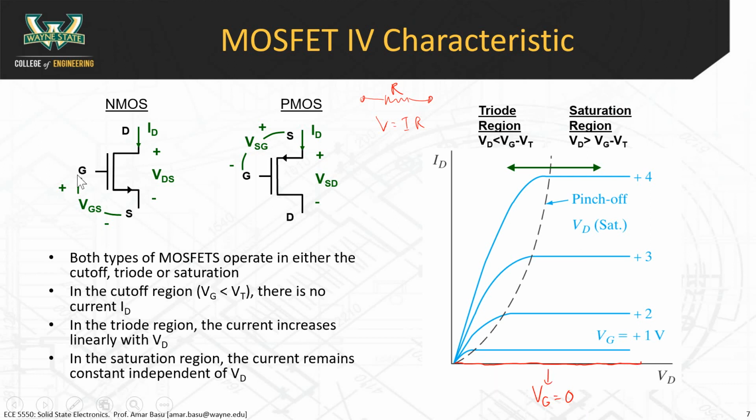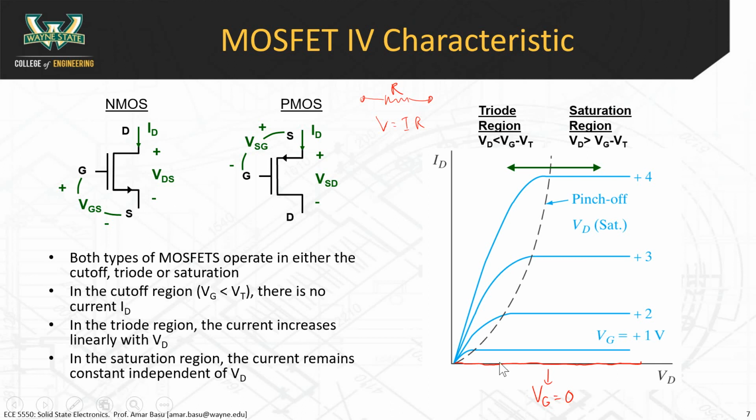If you now apply a gate to source voltage greater than the threshold voltage, the transistor turns on, and now the device can conduct electricity. By applying a voltage on the drain to source, you'll get a current flow.